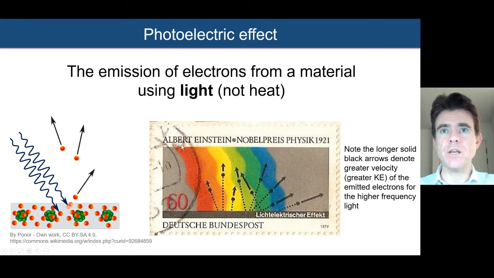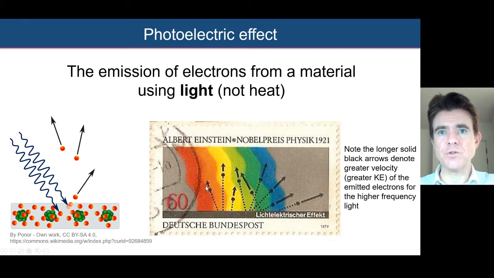And you can see here some details actually reflected on this stamp, where if you're at the red end of the light spectrum, this is the rainbow: red, orange, yellow, green, blue, indigo, violet. So at the redder end of the spectrum, we have electrons being emitted from this surface here.